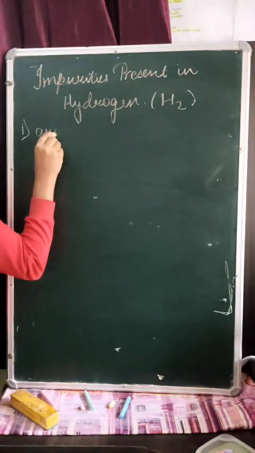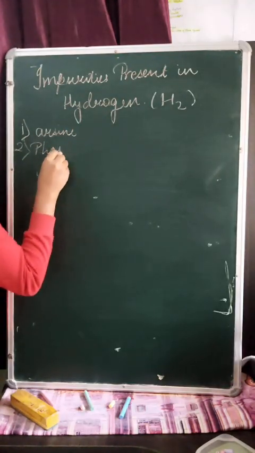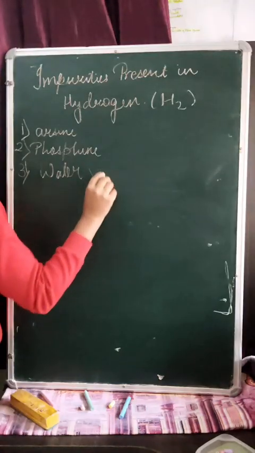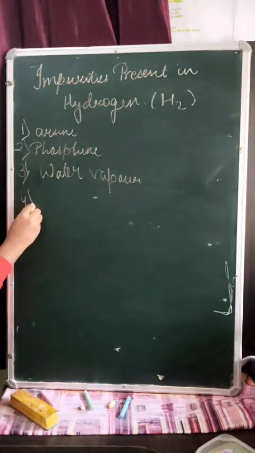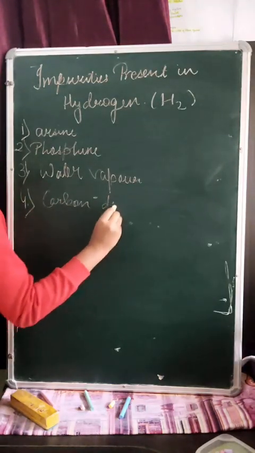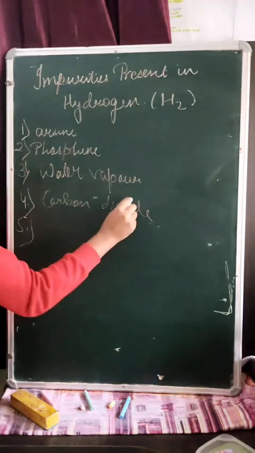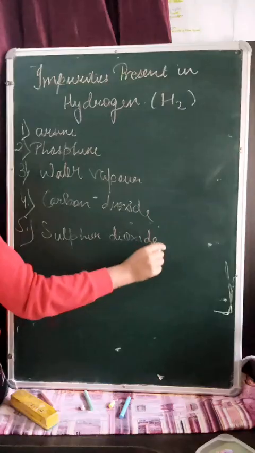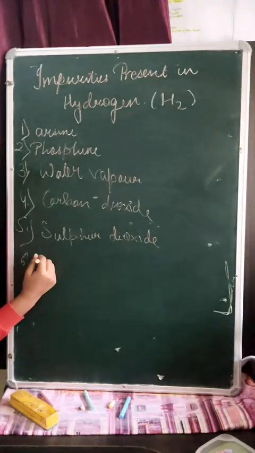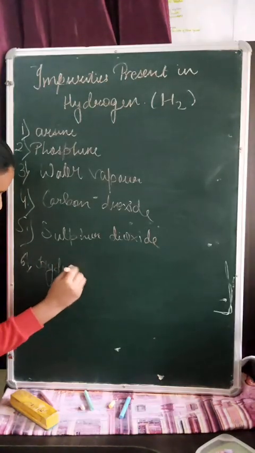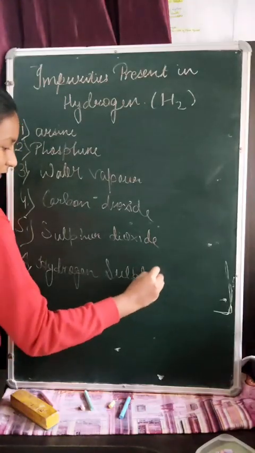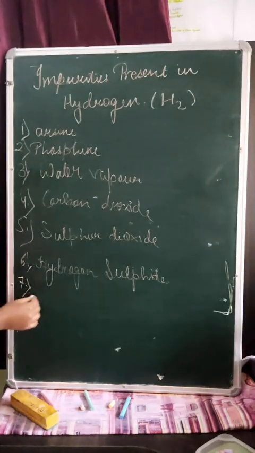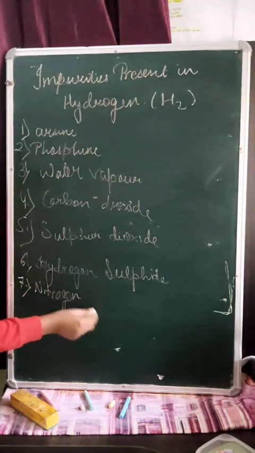First is arsine, second is phosphine, third is water vapor, fourth is carbon dioxide, fifth is sulfur dioxide, sixth is hydrogen sulfide, and seventh is nitrogen dioxide.